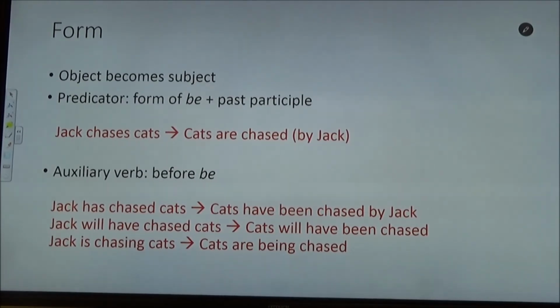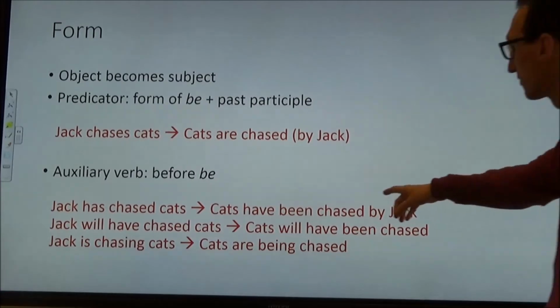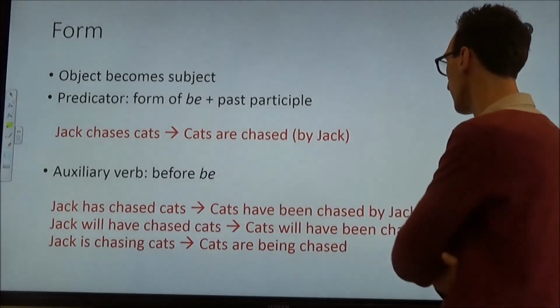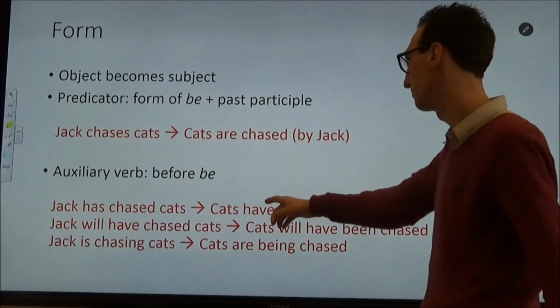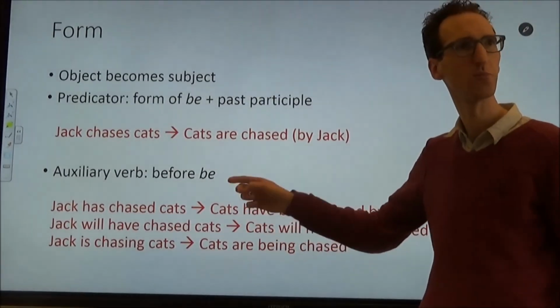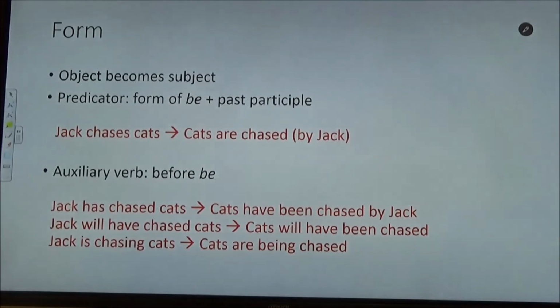Then the form of be, which should agree with the previous verb, so it can only be been. Cats have been, and then the past participle chased. Cats have been chased by Jack. So when you use the auxiliary verb, automatically the rest of the predicator becomes the right tense.